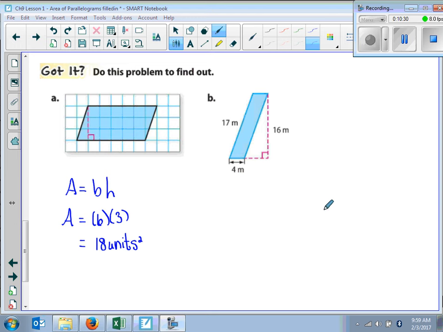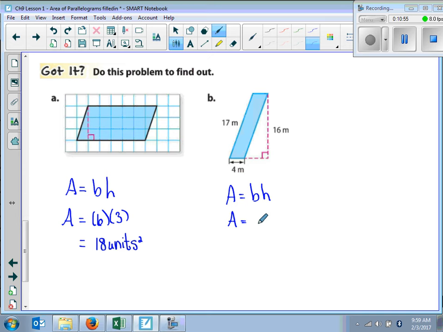Example B. Again, the first thing you're going to do is write your formula. I want you to write your formula for every single problem you do. That way, by the time it comes to the test, you'll know it. Is everybody clear? Oh, great. Okay, so area, now we substitute. The base, which one is the base?